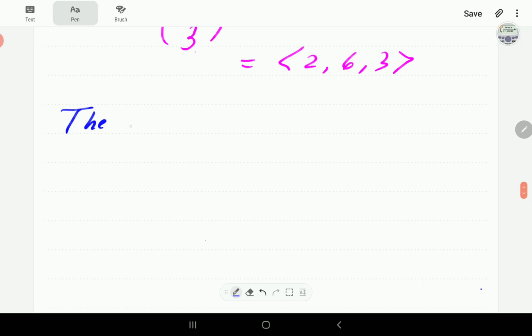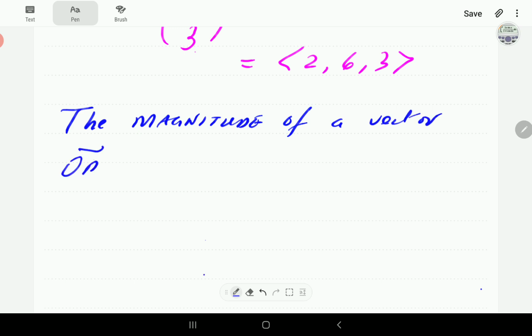The magnitude of a vector, let's use OP, is denoted using the absolute value signs. Okay, so that is going to be the magnitude of vector OP.